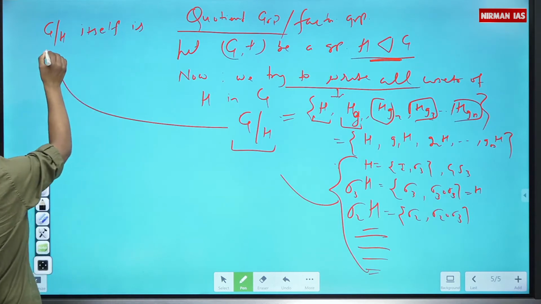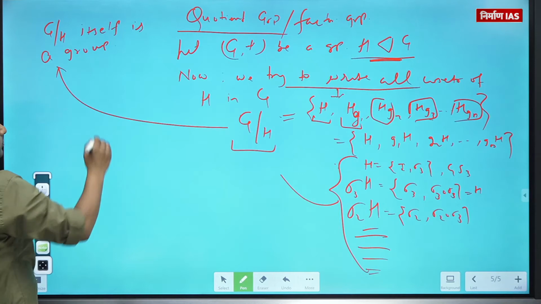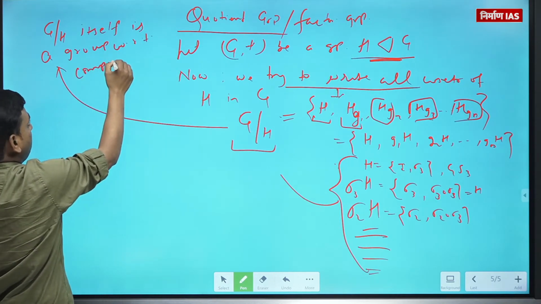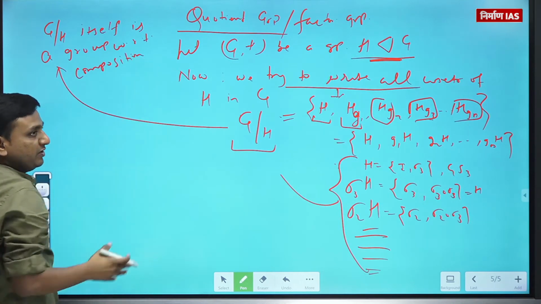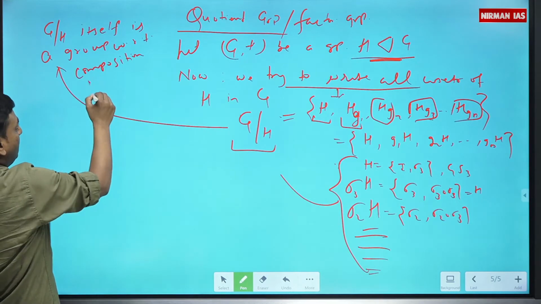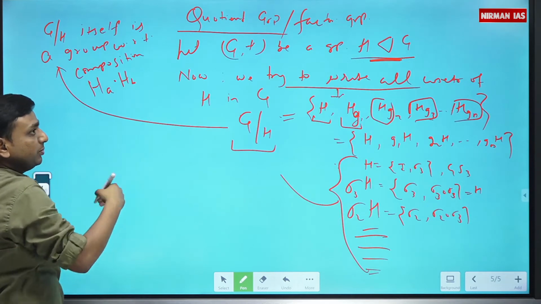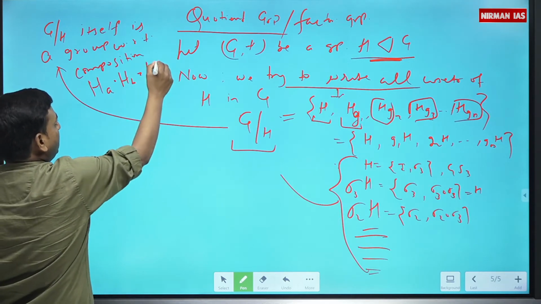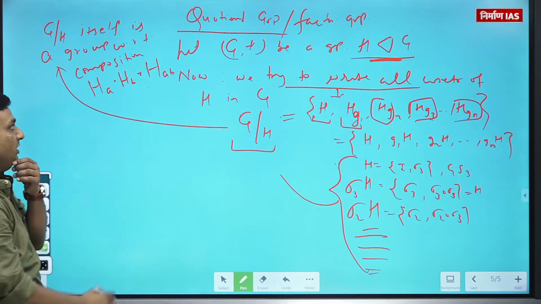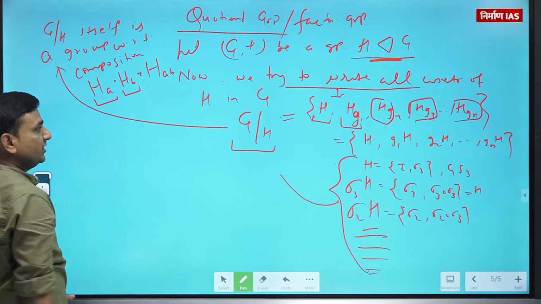itself is a group with respect to composition, because one binary operation you needed, guys, with respect to composition as Ha composition Hb is nothing but H composition ab. Getting my point? This is the right coset of H generated by a, the right coset of H generated by b.